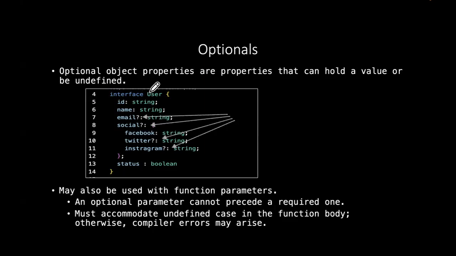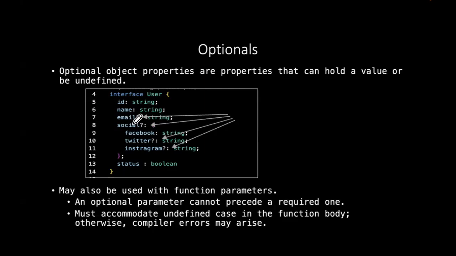I'm defining a user type, and I'm saying a user has to have an ID property and a name property. And here, the question mark is a TypeScript symbol, and it's saying that the email property is optional. Its type is that. I've got a social property, which is also optional.